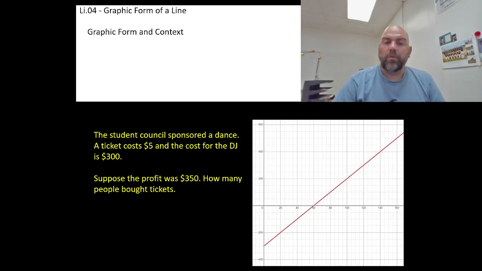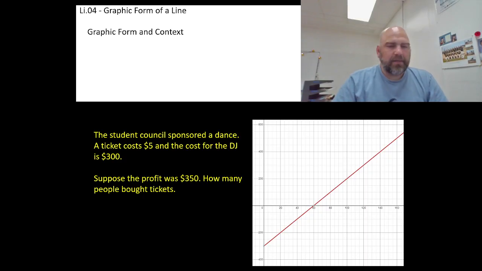Now, what if we have a profit of $350? How many people bought tickets? So this is going in the other direction. We know that, again, on here, we can look at where's 350. We can try to find it kind of based on the graph somewhere down there, roughly. It's really hard to point it out. But we can figure out where it is there and then try to determine how many tickets were sold.